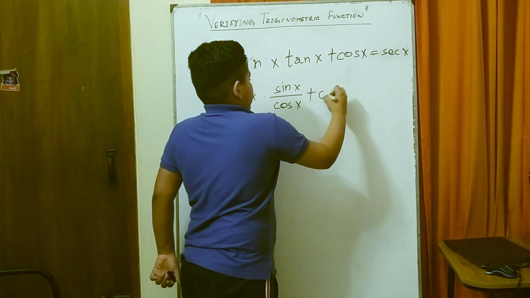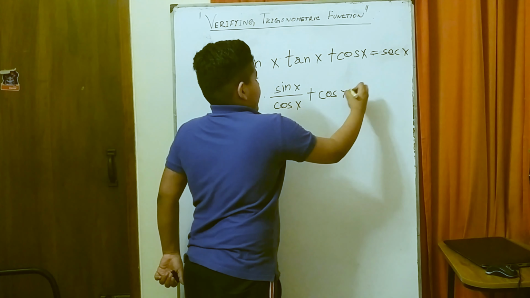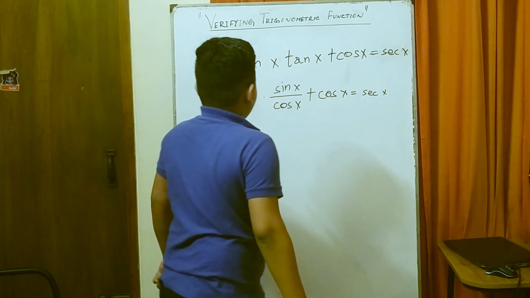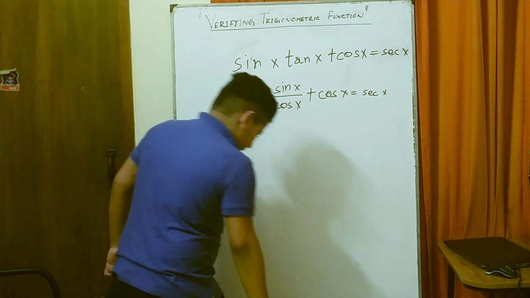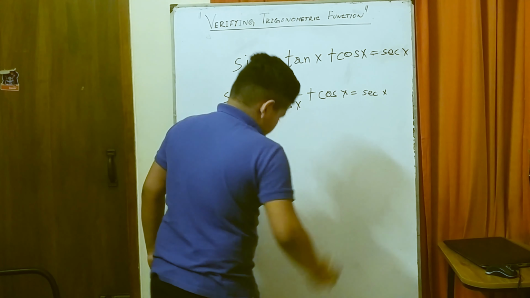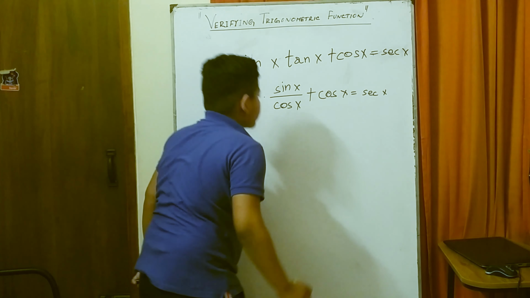Then we have the plus cosine x. Then there is the secant of x. Now here is the clever part.